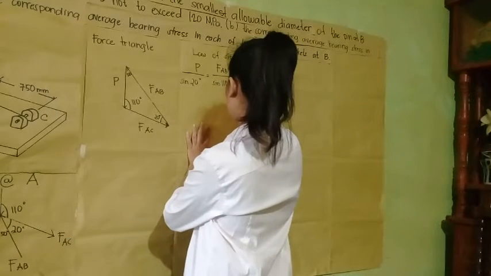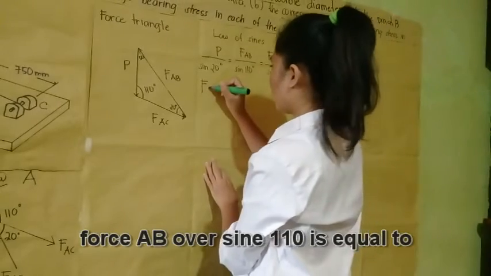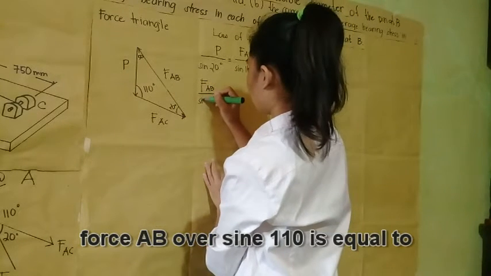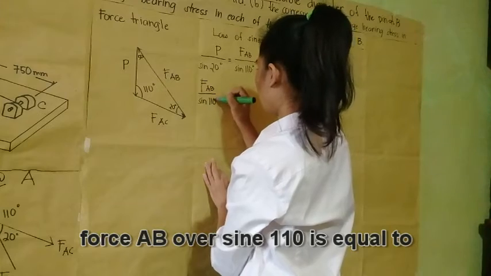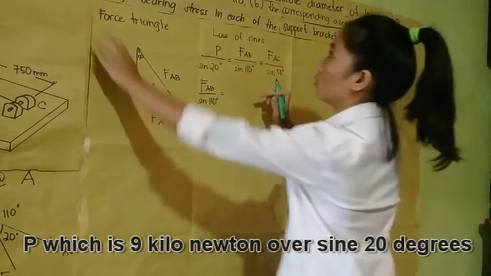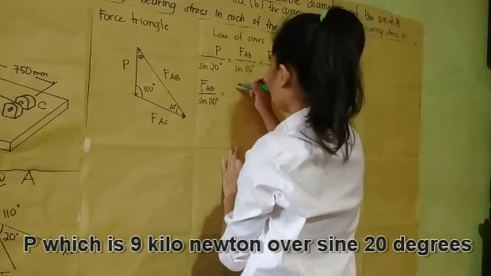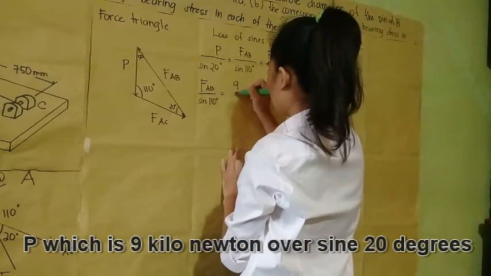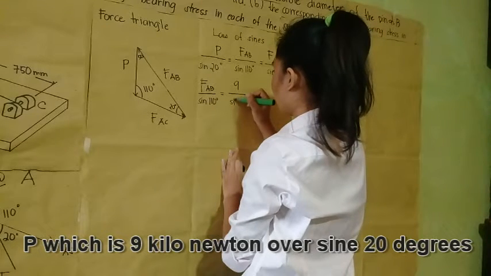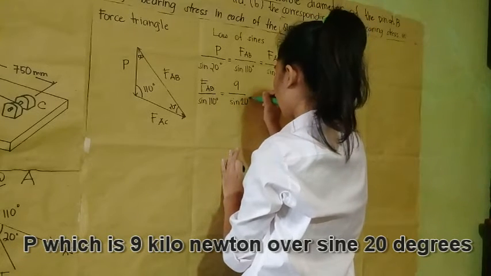Force AB is equal to P sine 110 over sine 20. P is equal to 9 kilonewton.